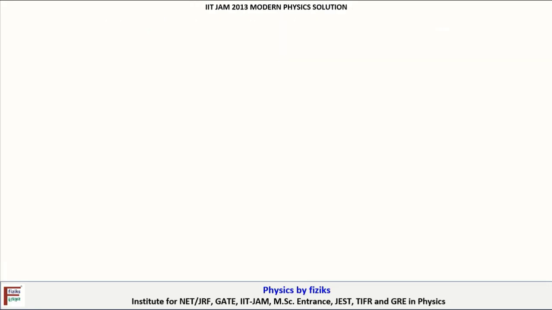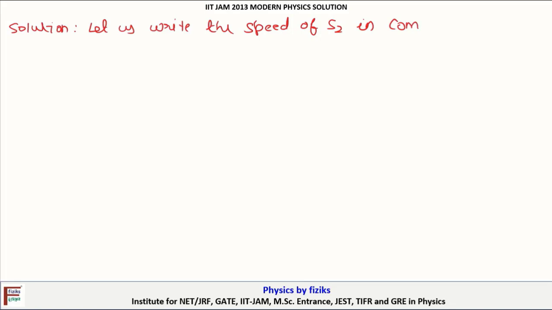So now solution. Let us write the speed of S2 in component form. V2 = V2x i + V2y j.